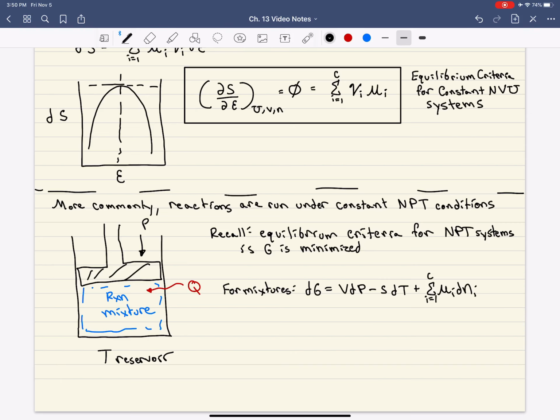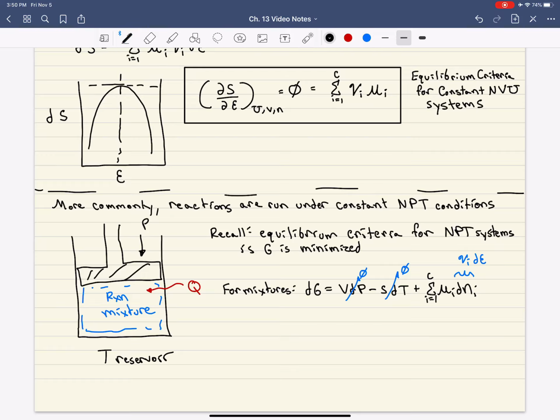And so here, we're dealing with a constant pressure and a constant temperature system, so those terms go away. Right? And so what we're left with is the mu i dn i, and what we could do here is we could replace the dn i again with nu i d epsilon.